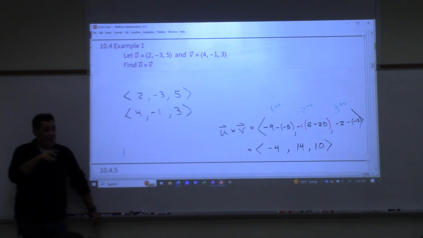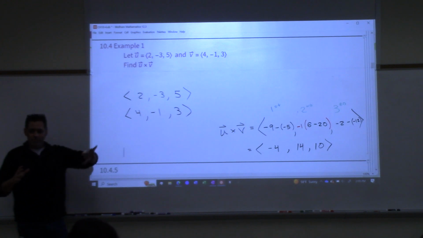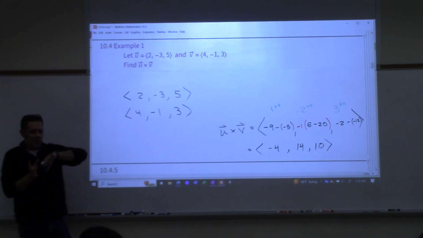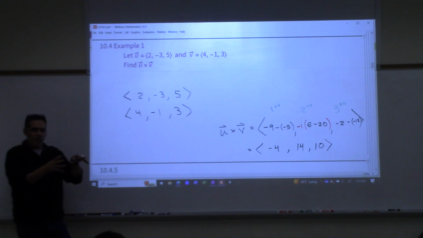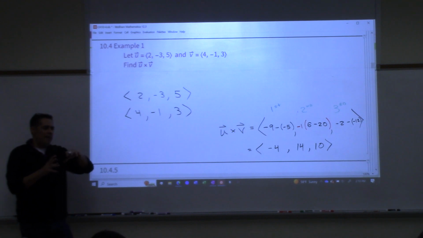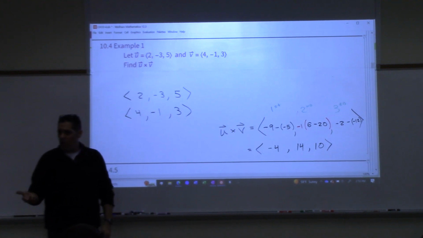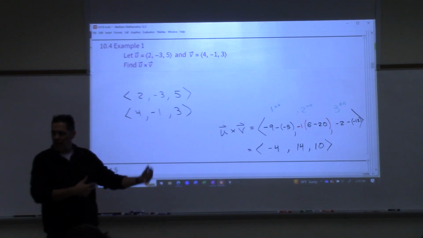Determinants are going to come up again later in this class. When we're in three-dimensional space and vector spaces, we're going to be converting from one space to another, like going from Cartesian to a different coordinate system. And to do that, we have to scale everything. And to do that, we have to use this thing called a Jacobian determinant, which is more of this stuff.